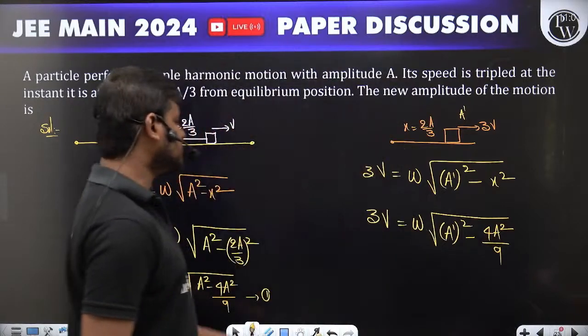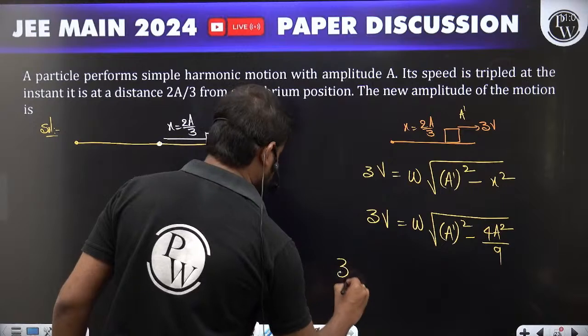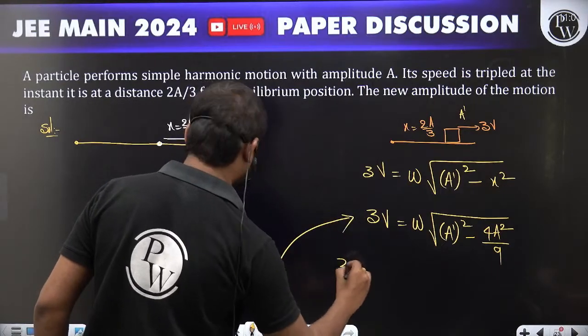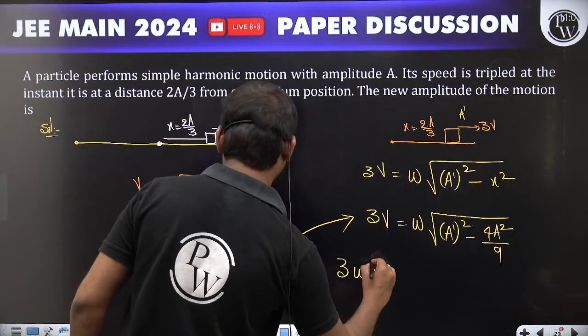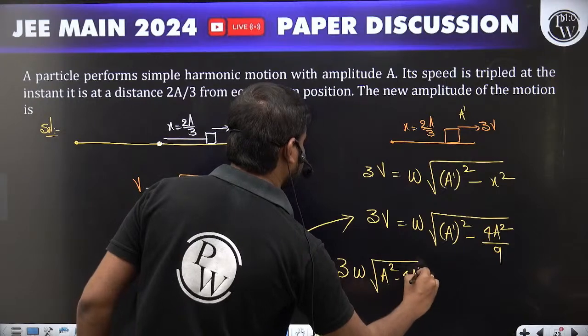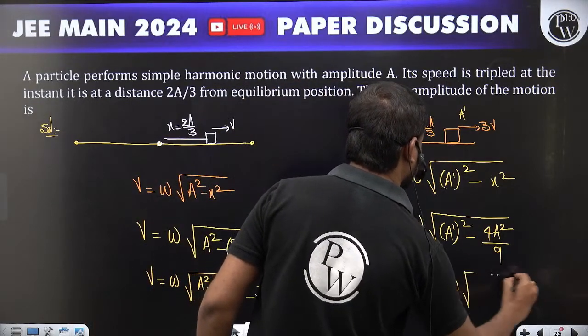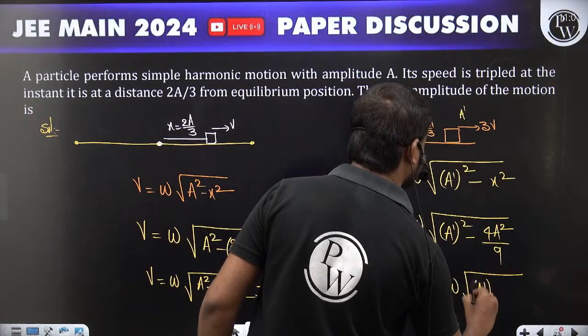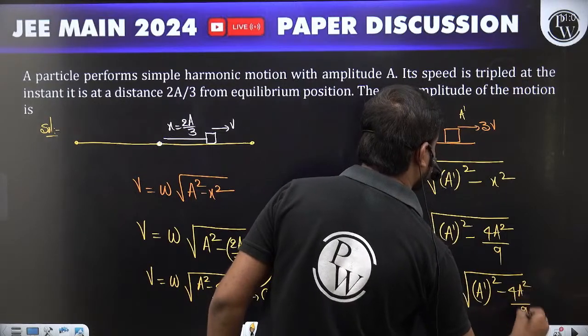Now in place of this v, I am substituting this one. 3 into omega into square root of A square minus 4A square by 9 is equal to omega into square root of A dash square minus 4A square by 9.